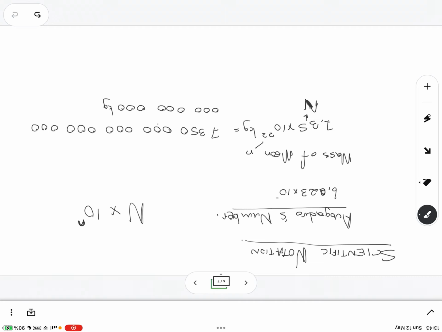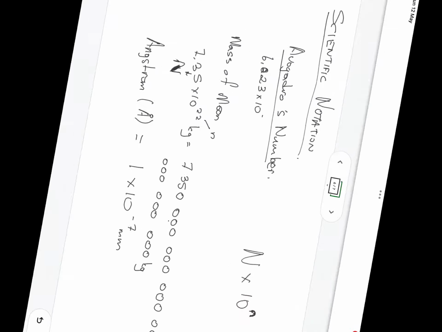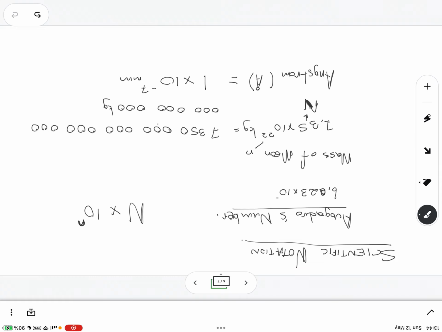So 1 angstrom is a unit of measurement. It's 1 times 10 to the negative 7 millimeter, because we measure in meters, so it is 10 to the negative 10 meters.